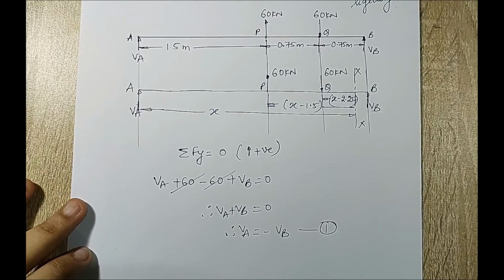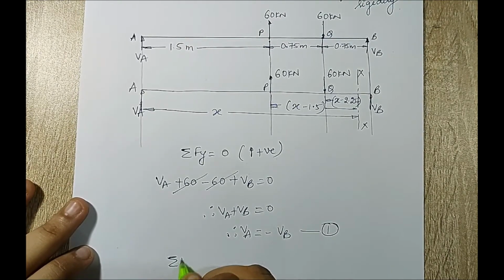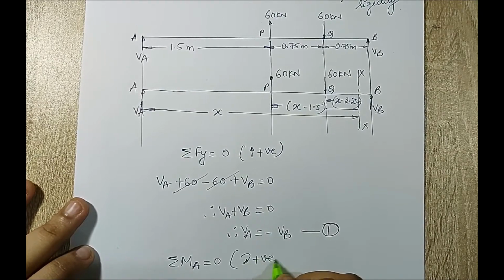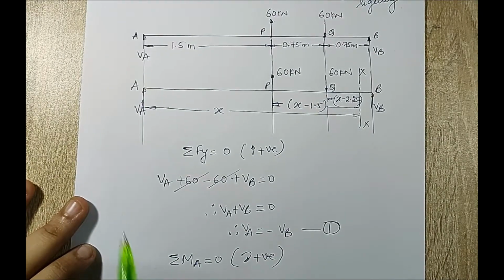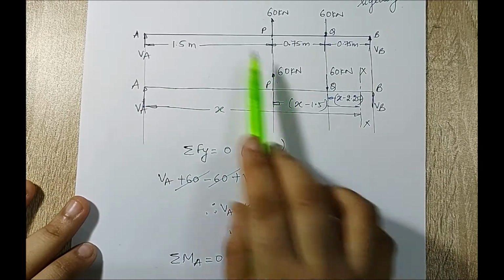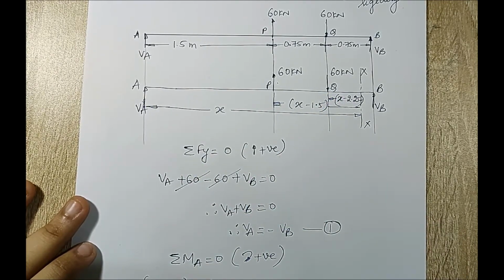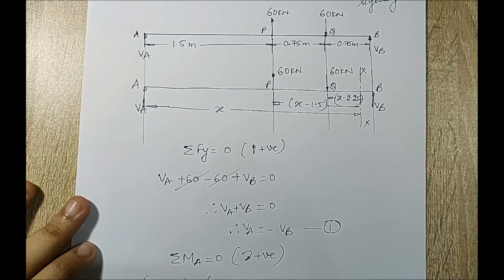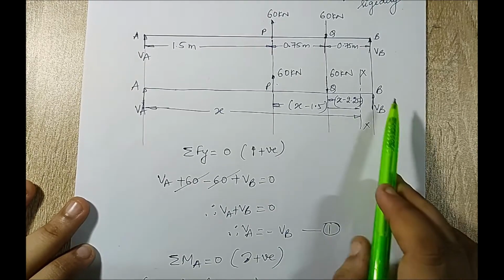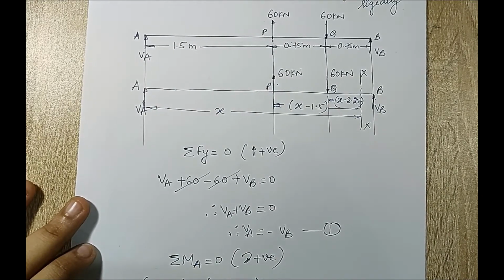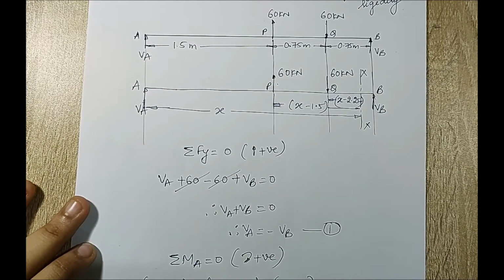The next equation that I am going to write is summation of moment about point A is equal to 0. Clockwise moment is positive. So when I talk about point A, 60 will turn anti-clockwise, so I have minus 60 into 1.5. I have this 60 which is turning positively because it is in the clockwise direction. The distance is 2.25 and last I have VB turning anti-clockwise, so I have minus VB into 3 is equal to 0.